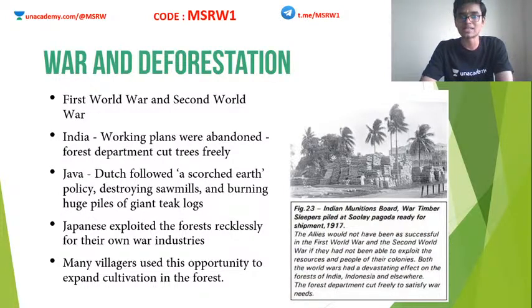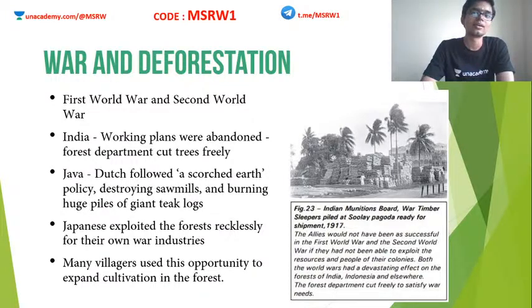The First World War and Second World War happened between 1919 and 1945. These two wars had severe consequences all over the world. Not just in polity, not just in economy, but also in forestry. In India, working plans were abandoned.